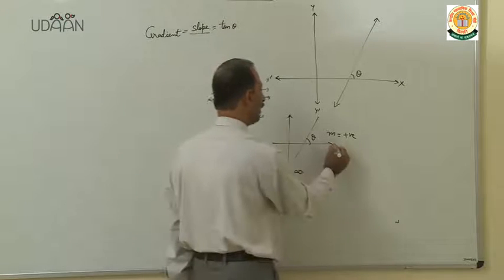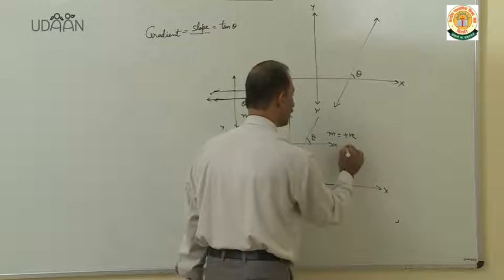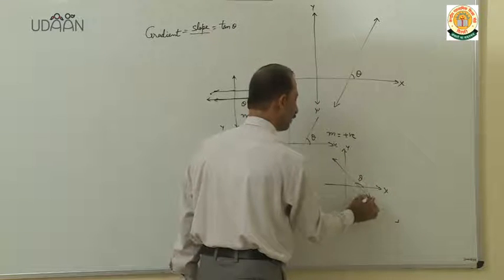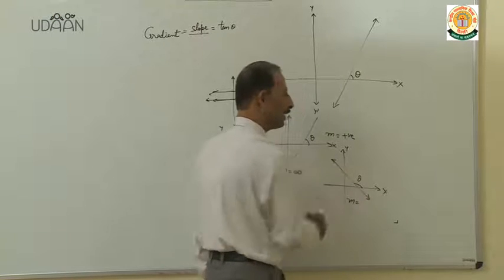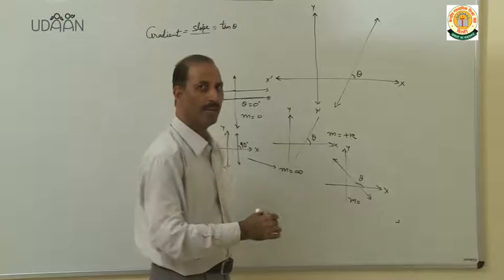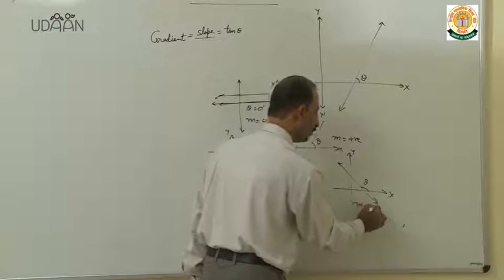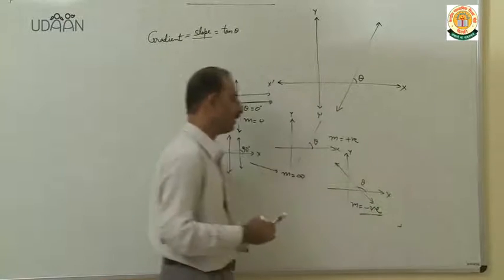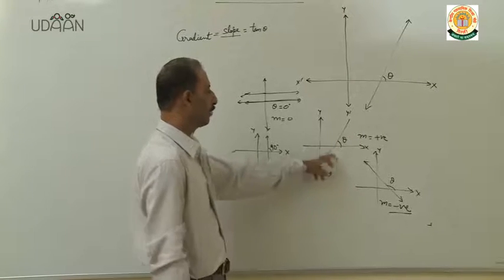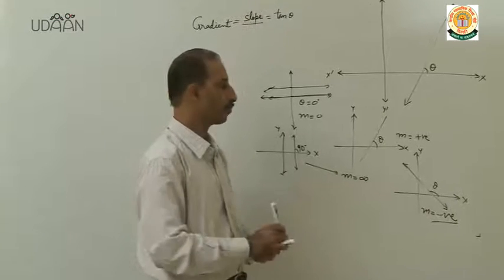Now if the line makes an obtuse angle with the x-axis, then the value of tangent for more than 90 degrees and less than 180 degrees is always negative. So the slope will be negative. So in different cases you can see the value of slope is positive, 0, negative and not defined.